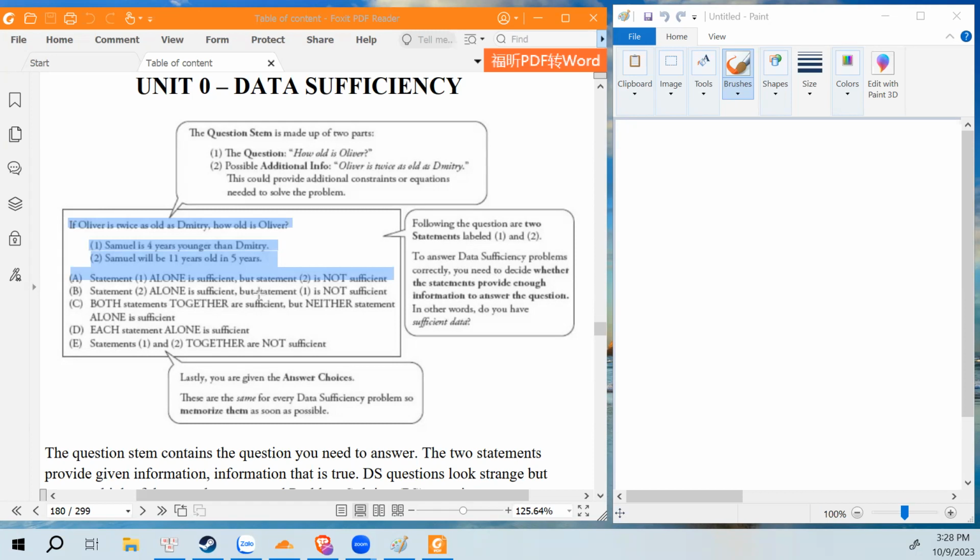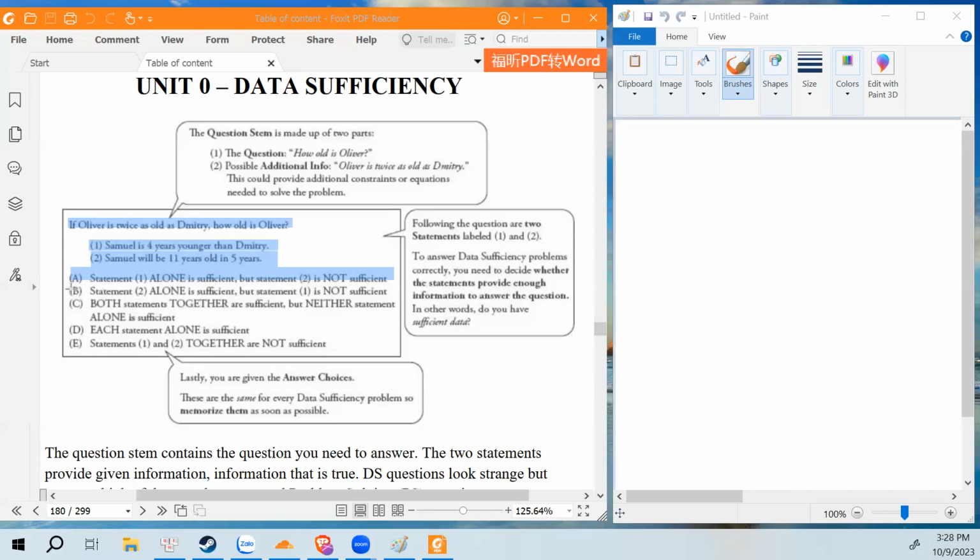On the other hand, if we find that the information in statement 1 alone is not enough to figure out Oliver's age, but the information in statement 2 alone is enough to figure out Oliver's age, then statement 2 alone is sufficient.